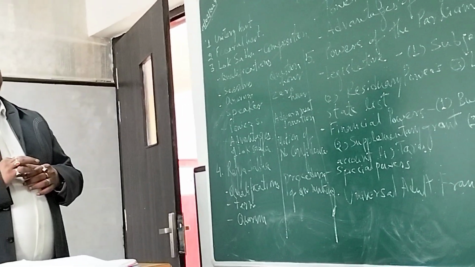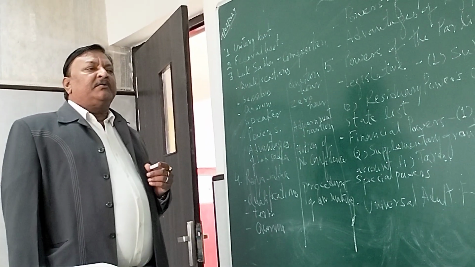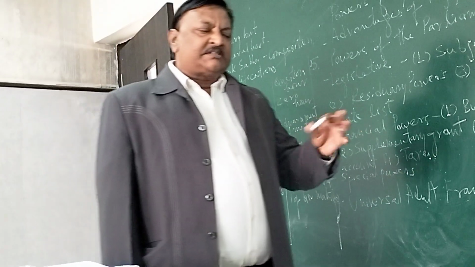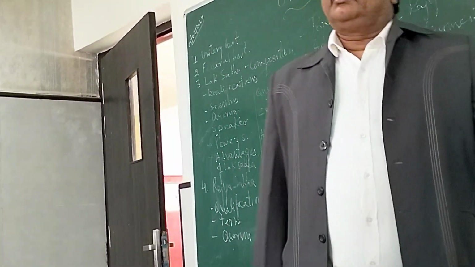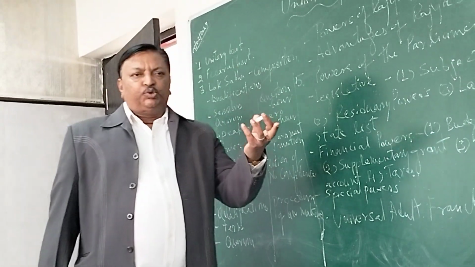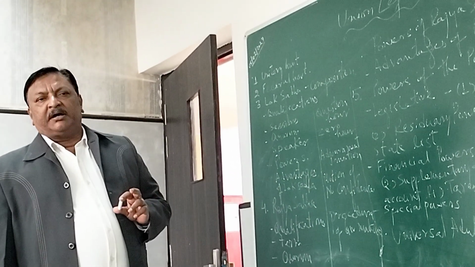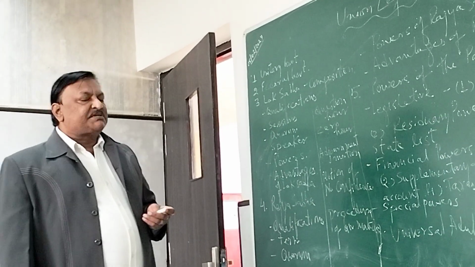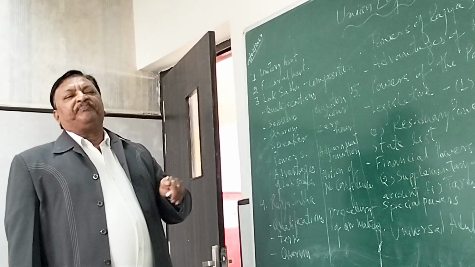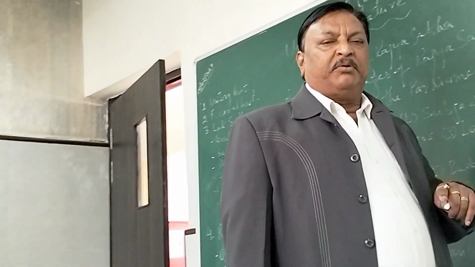Now 13 members come from the union territories. Previously, two Anglo-Indian members also used to be a part of the Lok Sabha, who were nominated by the President of India. But now, after 2020, through an act, the Government of India has abolished this.